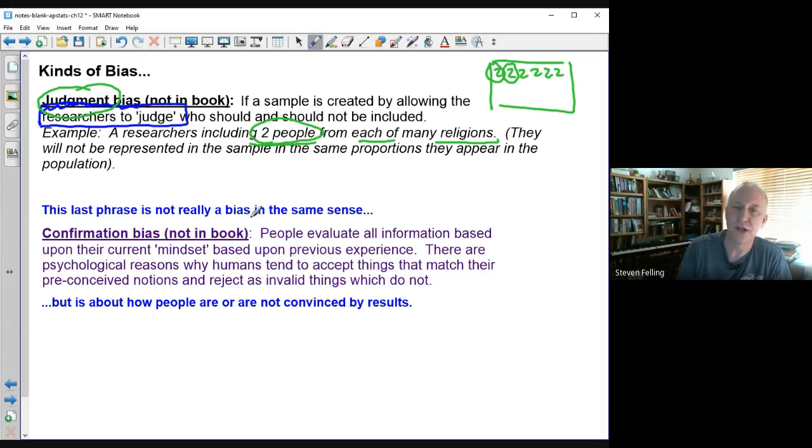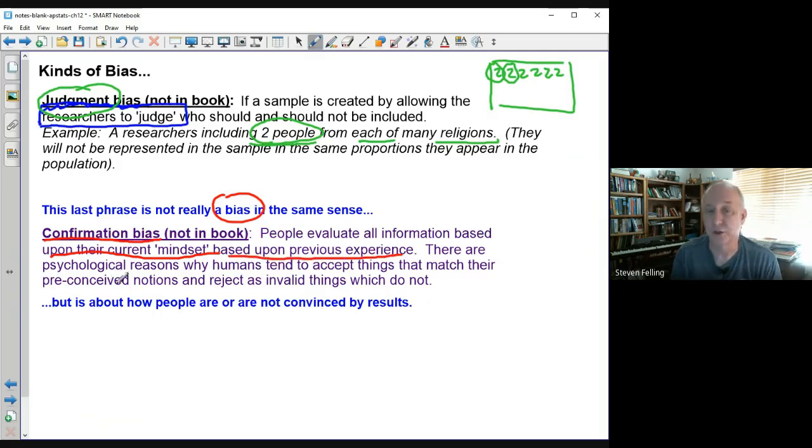The last phrase is not really a bias in the same sense. So I hesitate to even mention it, but people mention it so much that I think I should talk about it. You'll hear this phrase, confirmation bias. Okay. Now that's not really the same thing. It's not about selecting out of a population to form a sample. What confirmation bias is about is that people are evaluating the information they're receiving at all times based upon their current mindset, which is based upon their previous experiences.